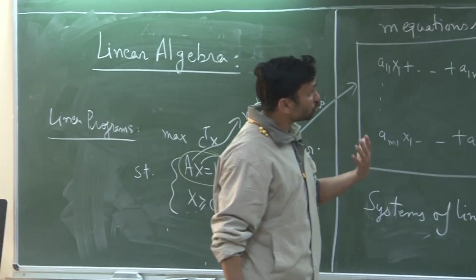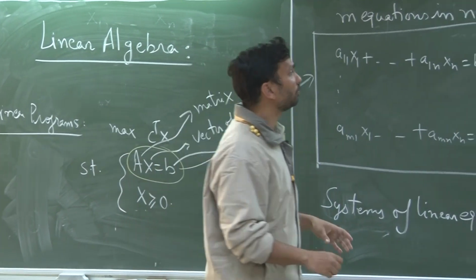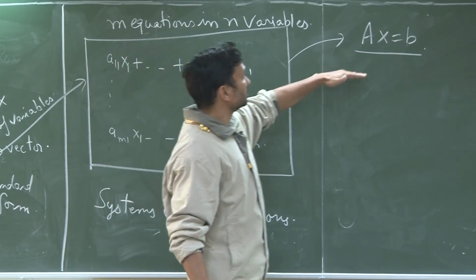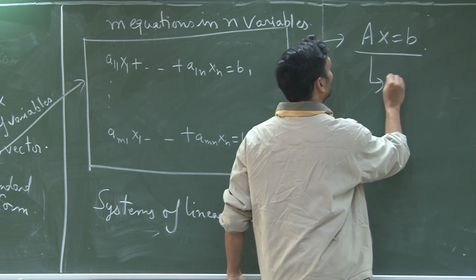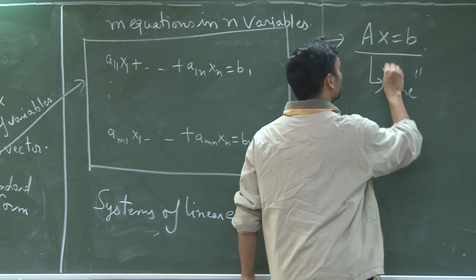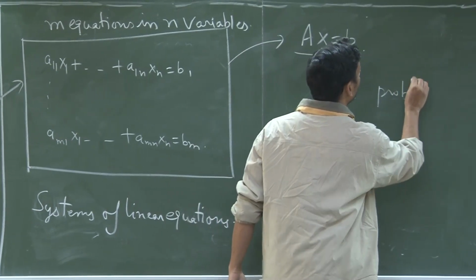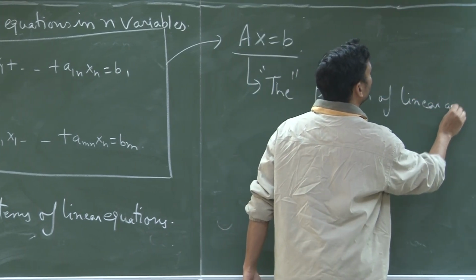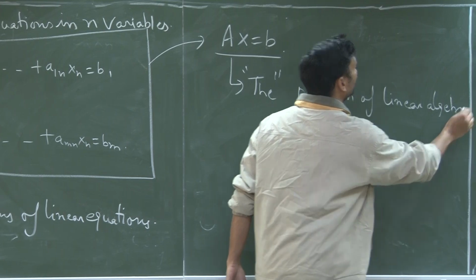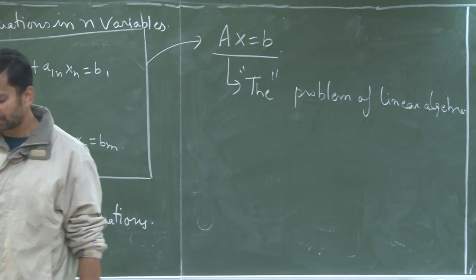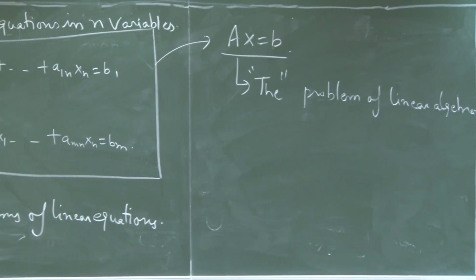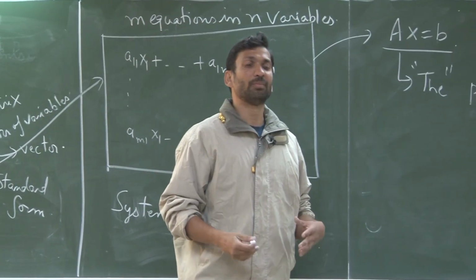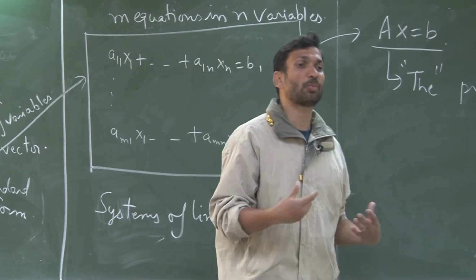And when I say I want to solve Ax equal to b, this should be a very happy moment for us as mathematicians, because this is what I will call the problem of linear algebra. Going into a bit of philosophy, if you look at any branch of mathematics, most of them owe their existence to a central problem.